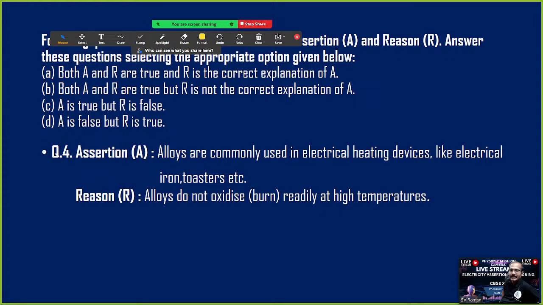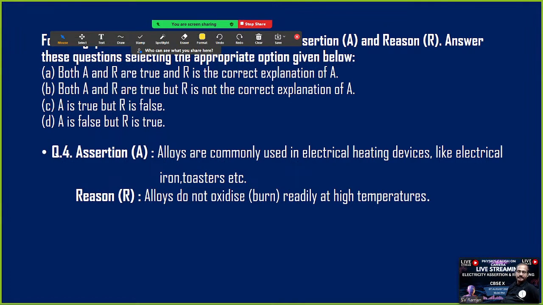Alloys are commonly used in electrical heating devices like electric iron, toaster, etc. Reason: alloys do not oxidize readily at higher temperatures.